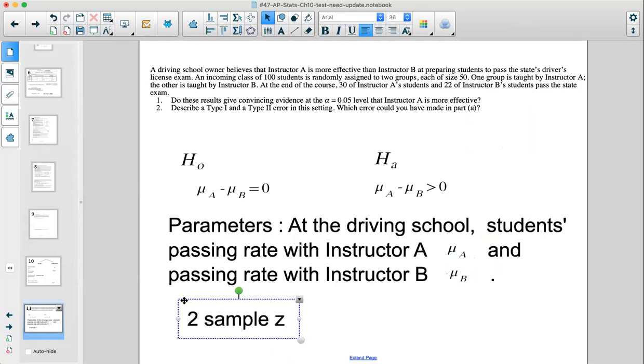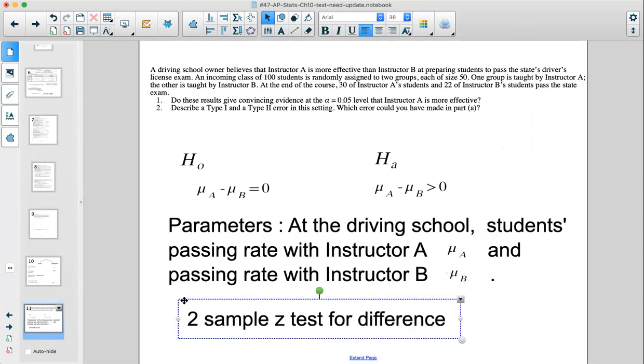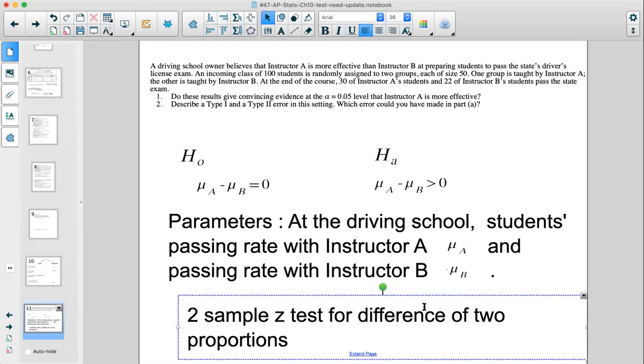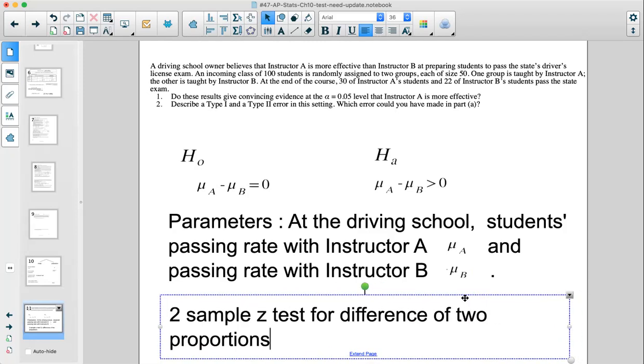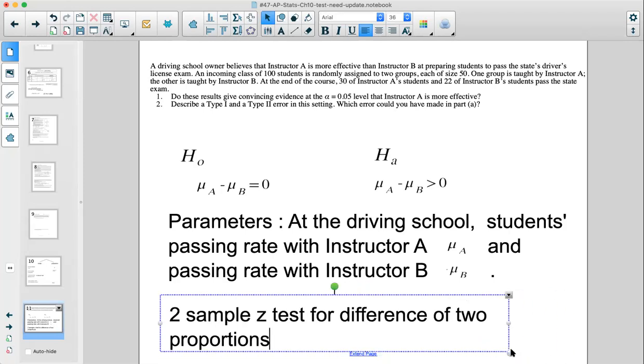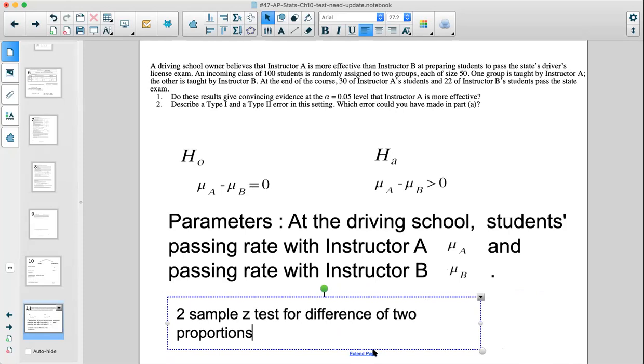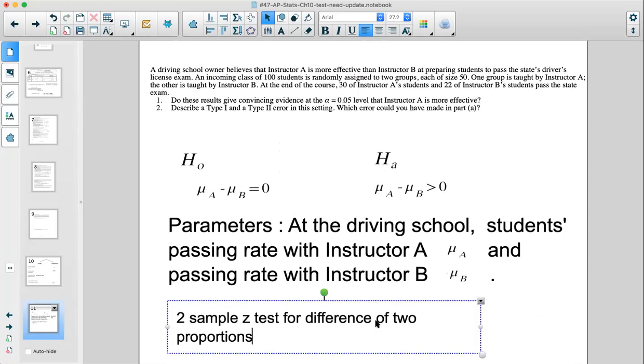The test procedure is for the difference of two proportions. So to run a two sample Z test for the difference of two proportions, the condition is random, right?